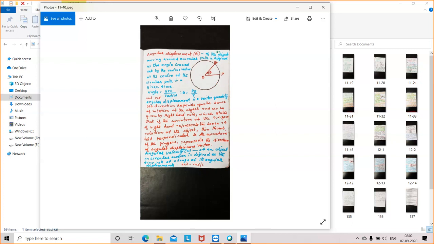Angular velocity is angle by time. What is the time taken for one revolution? That is the time period. What is the angle subtended at the center of the circle by the radius vector in that time? That is 360 degree or 2 pi radian.